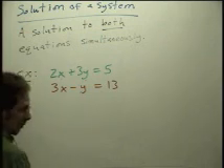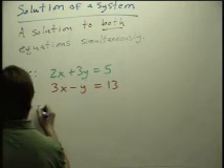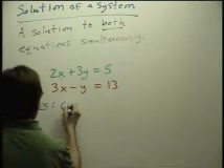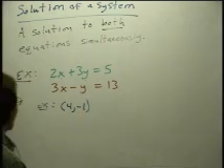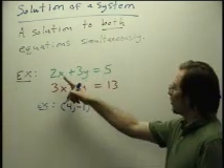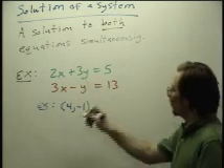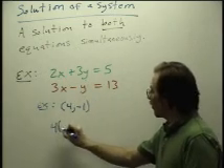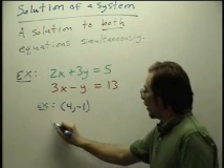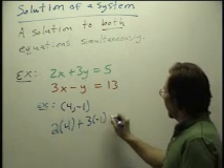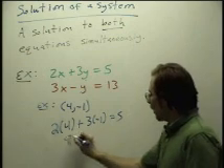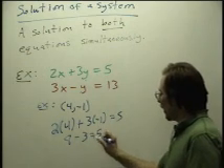A different example, the point (4, -1). Let's try that. If we substitute 4 in for x and -1 in for y, what we end up with is the statement that 8 minus 3 equals 5.